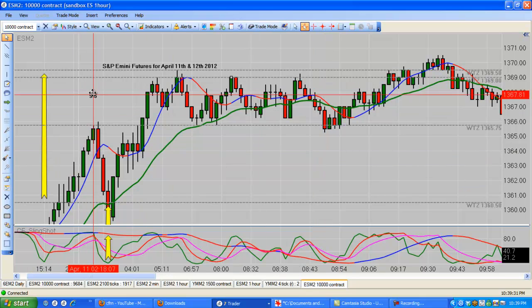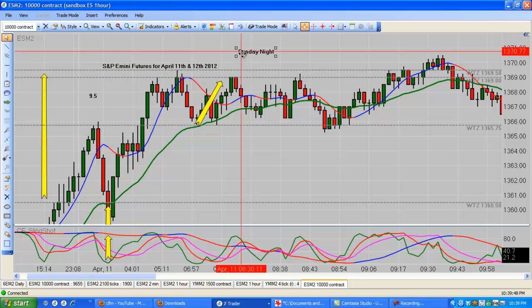So we had a 9.5 point move up, total move. How much you are able to take out of that, that's entirely up to you. I'm just pointing out how far it traveled. This traveled 3 1/4 points.